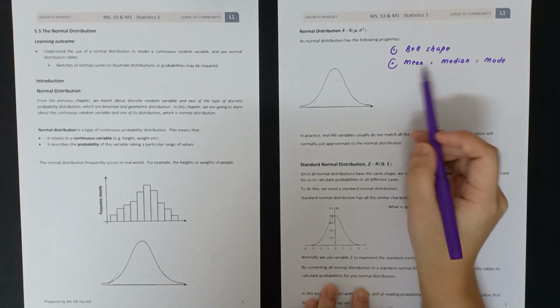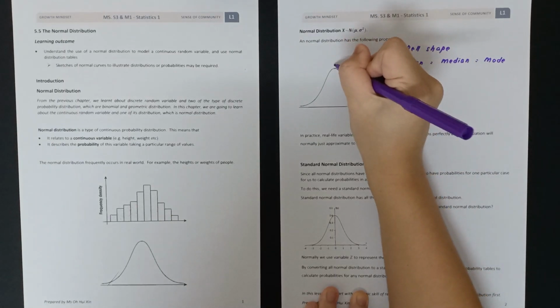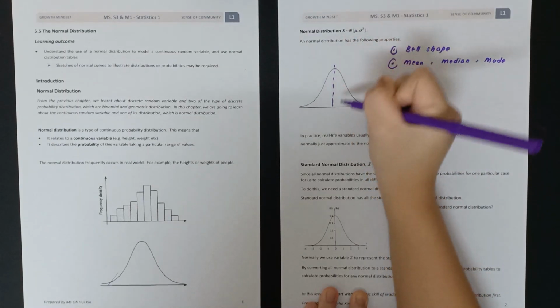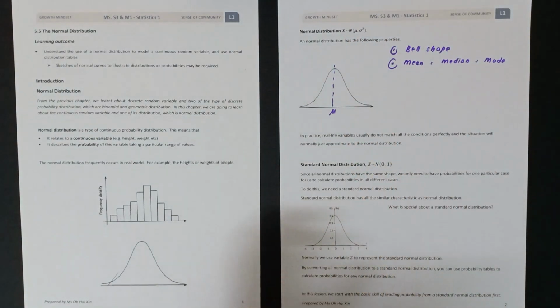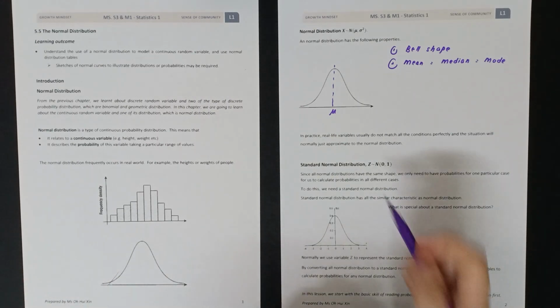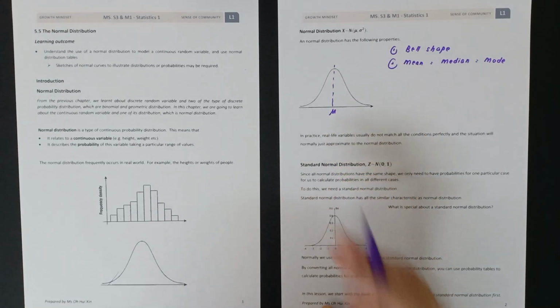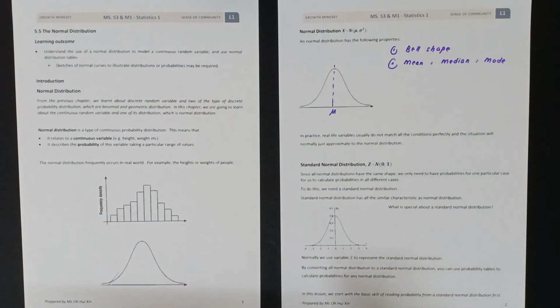So it's basically in the middle. Normally we write it as mu, meaning the mean. So the middle point of the boys is going to drop at the middle here. This is the second property of it.